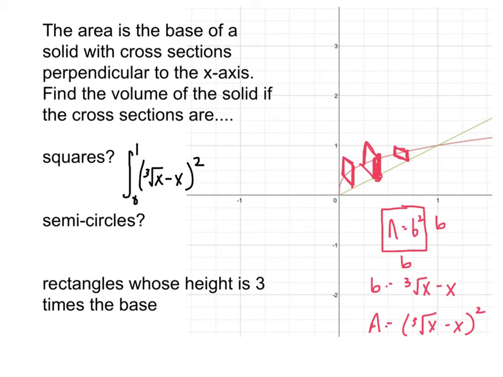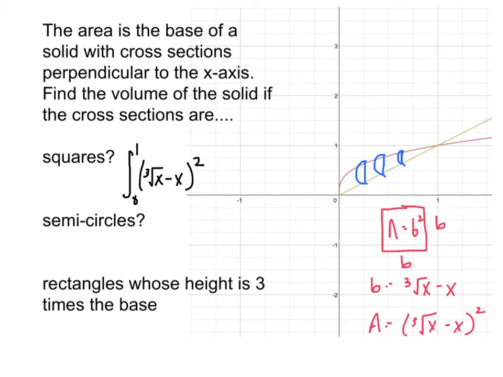Okay. Now let's do the next problem, which is semicircles. So let's say I was building semicircles. I'm going to leave that other work there on squares. We're building up semicircles.